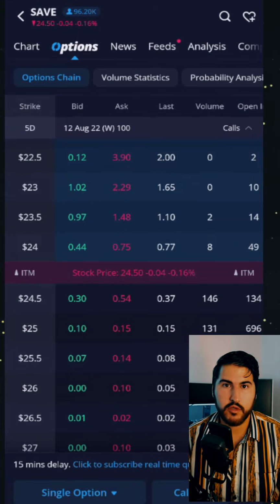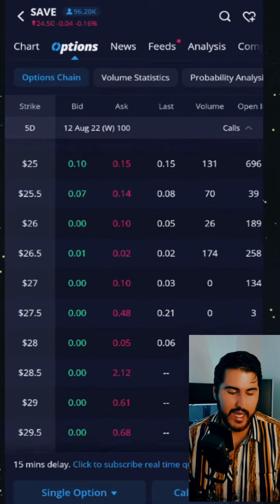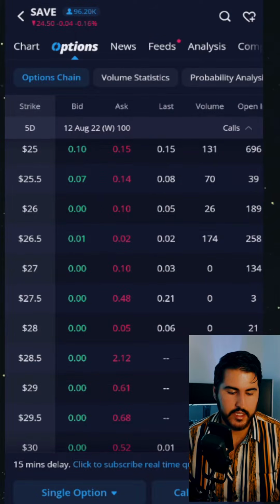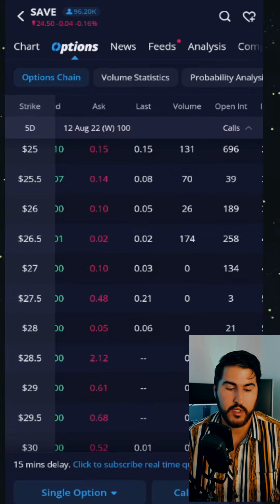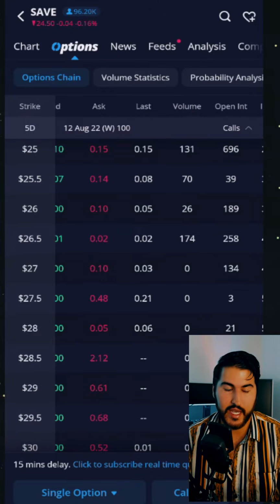So first and foremost, we have the $28 as the high end, and currently the last price of that was 0.06, as you can see by this options chain, but it has very, very low volume. As you can see, the volume on Friday was 0. It was 0 for the $27.50 strike and the $27 strike as well.